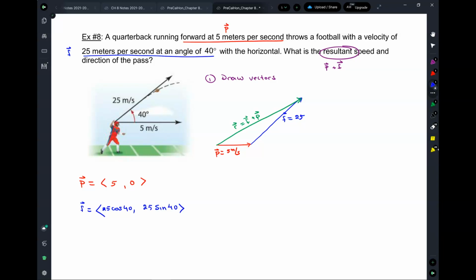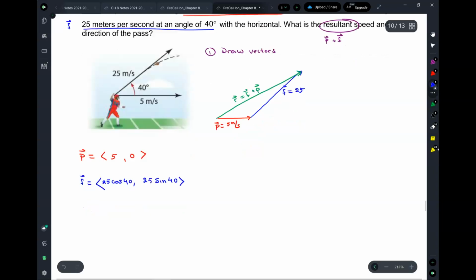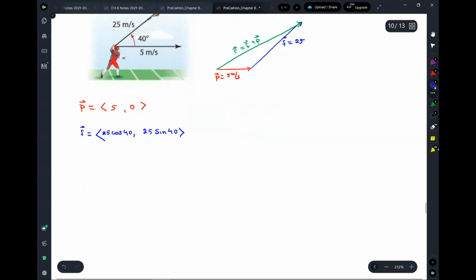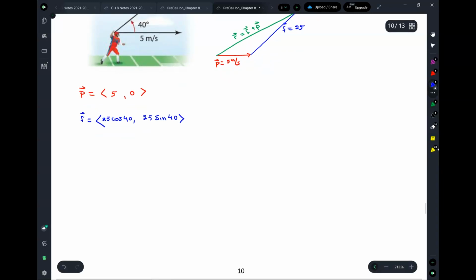So the vector component of that one will be this number, cosine 40, that number, sine of 40. Okay? Now, if I were to plug these in, how much would that be? 19.15 and 16.07.